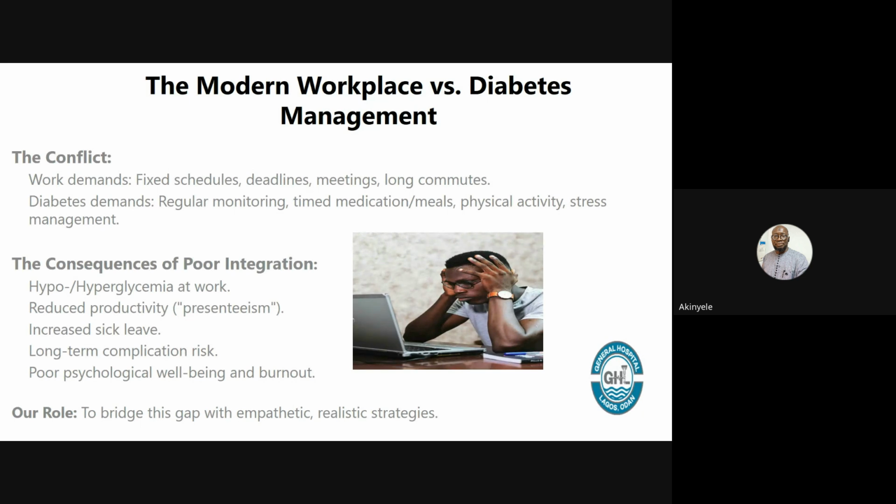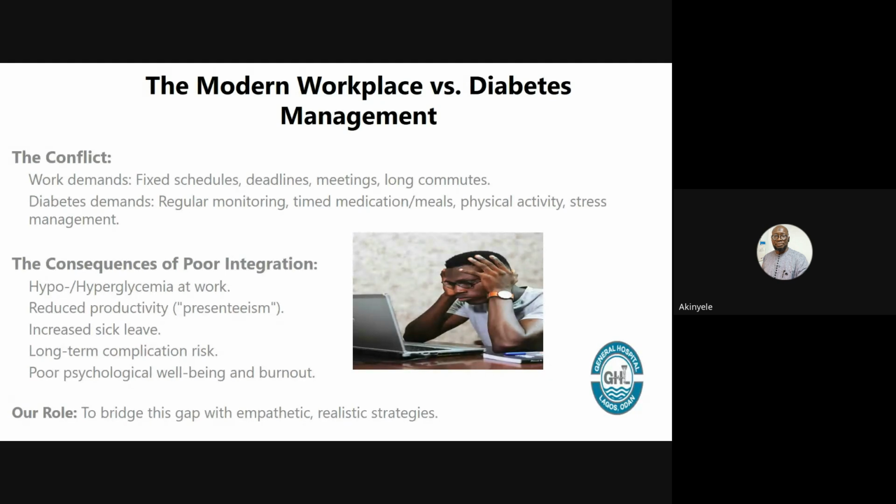So let's look at the modern workplace and diabetes management. What are the conflicts? There are work demands such as fixed schedules, several deadlines, and long meetings. The patient has to commute a very long distance to work.